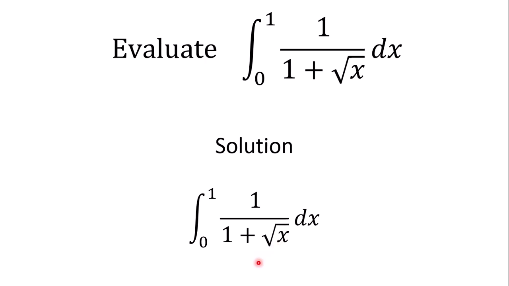So we are going to do the substitution, and we are going to let U be equal to square root of x. Now when you make a substitution, everything has to be in the variable that you substituted for x.